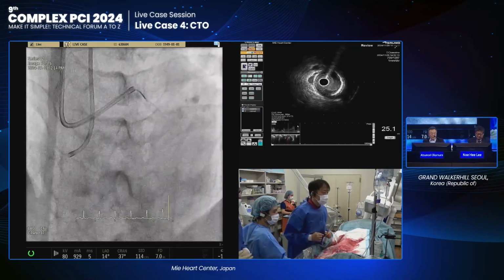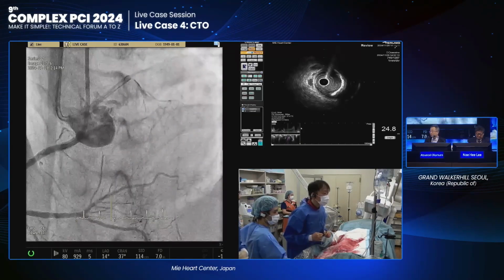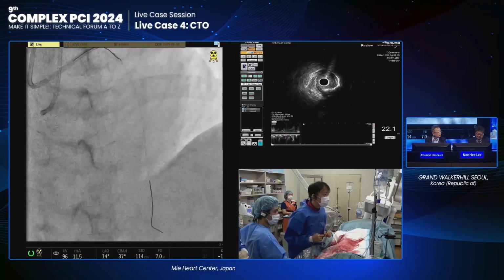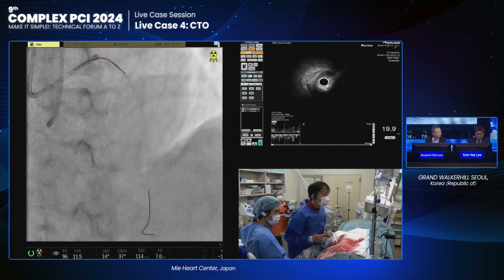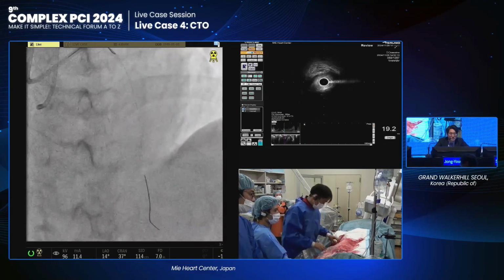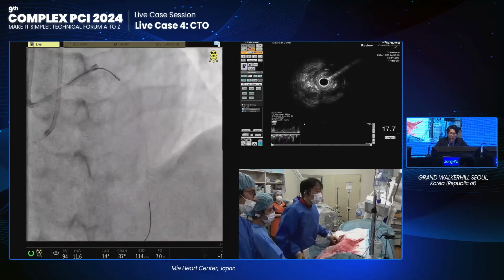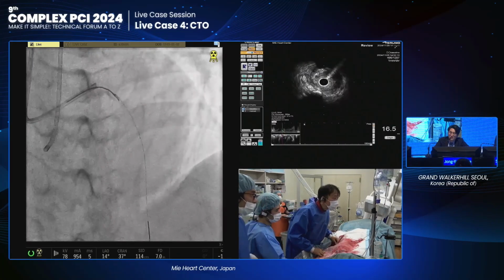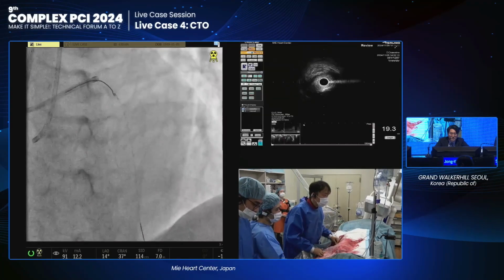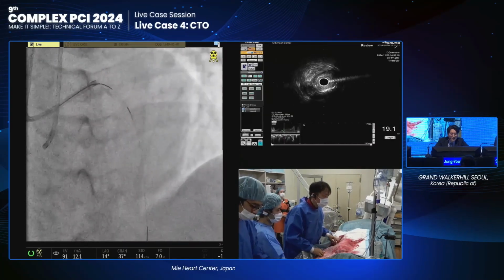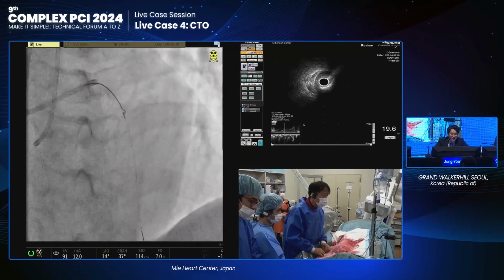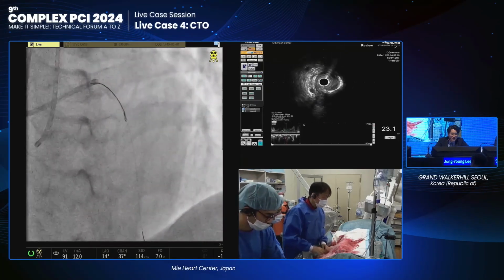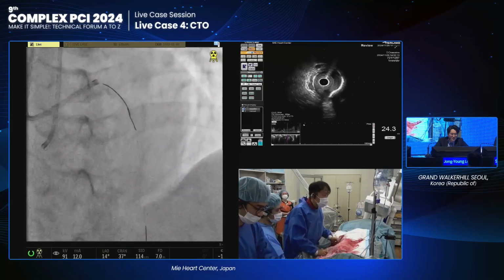Dr. Okamura, we already confirmed the wire position in two views, and maybe the diagonal branch space was connected. In this situation, a bigger volume may make a bigger space to wire to the diagonal. Yes, that is my strategy. After trying the wiring like that, if it is difficult, one choice is opening or rotablator or some debulking.